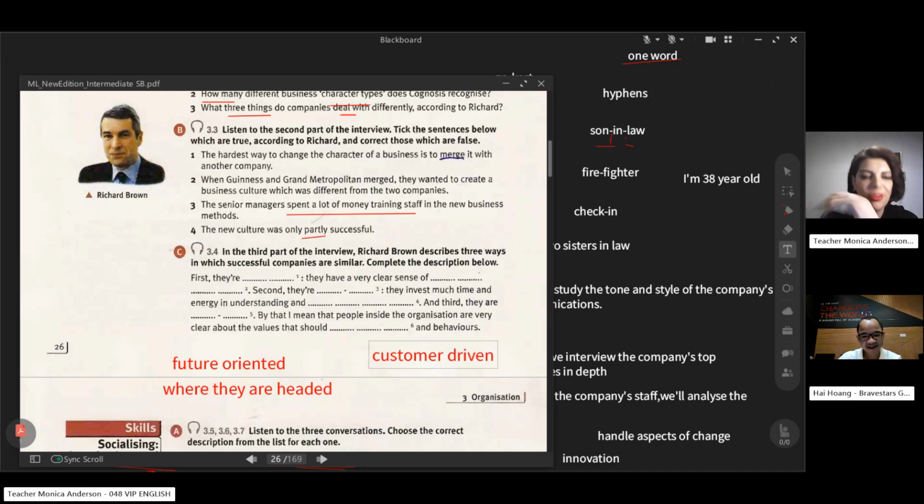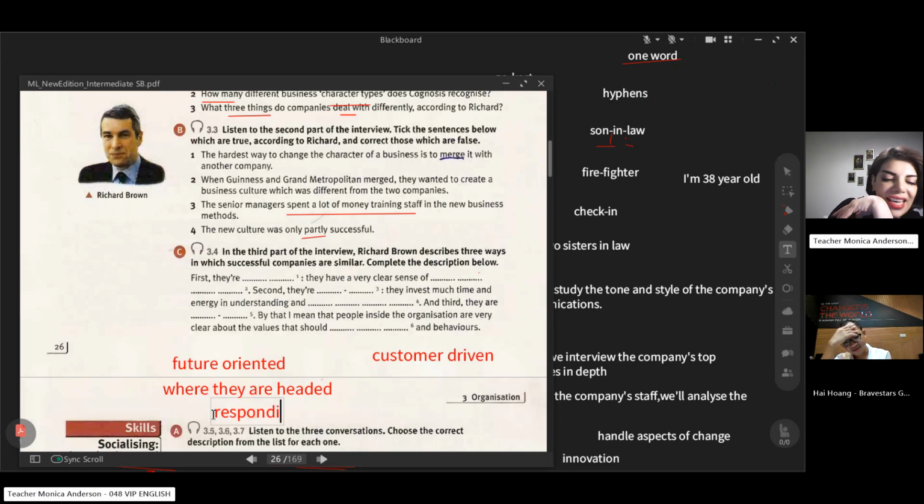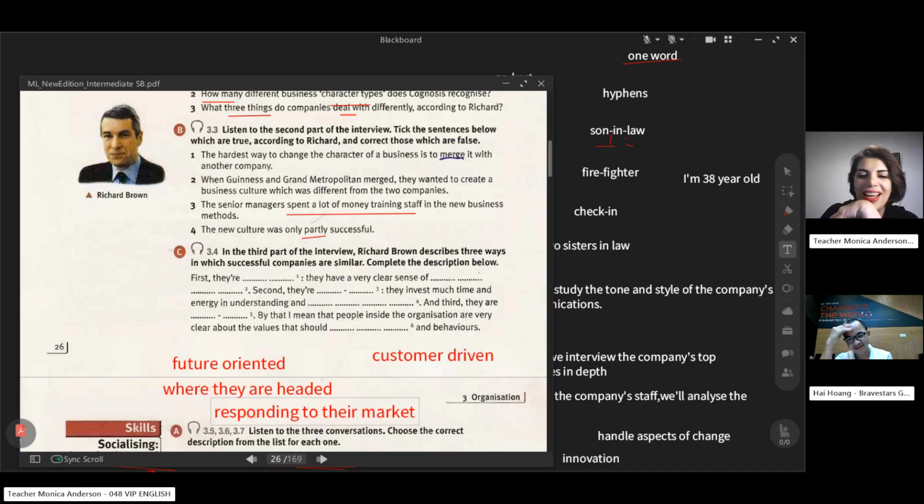Do you remember customer-driven? They invest huge time and energy in understanding and responding to their markets. To the market, of course.